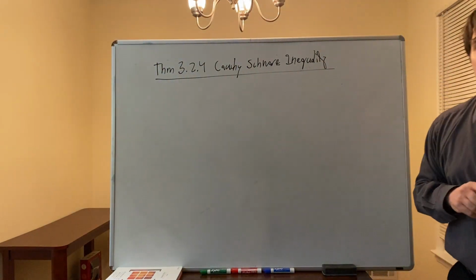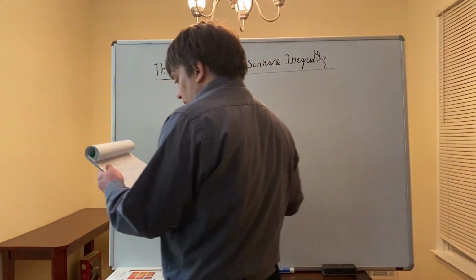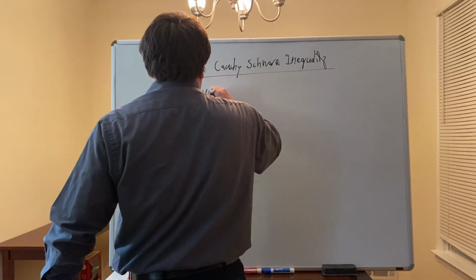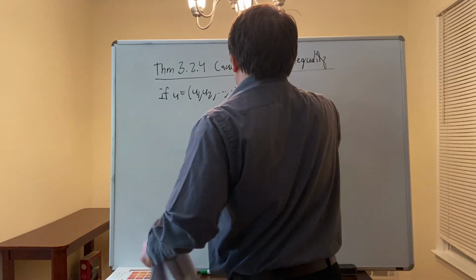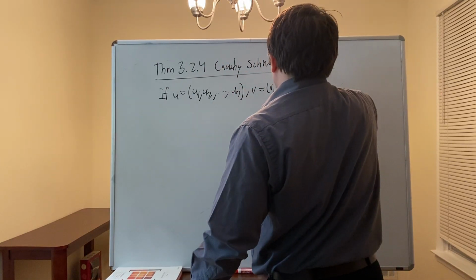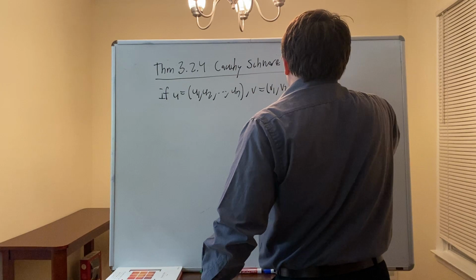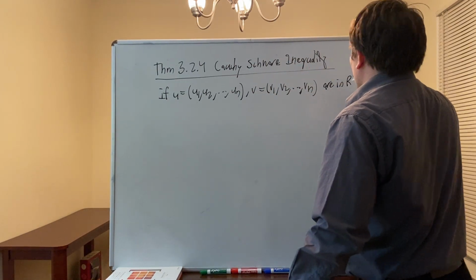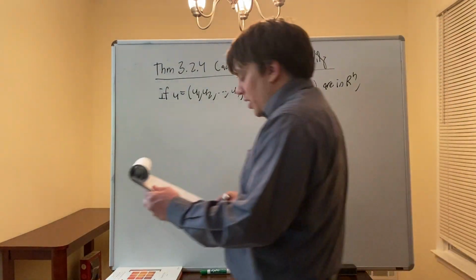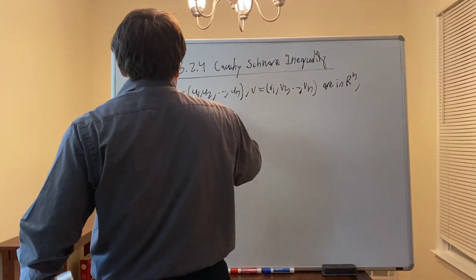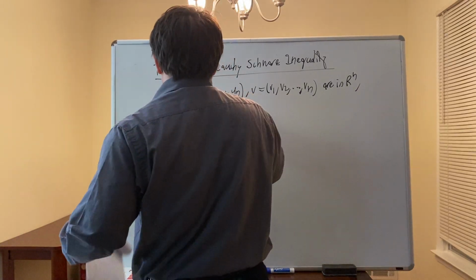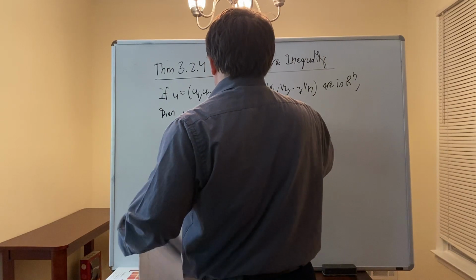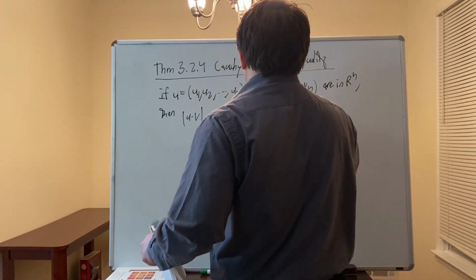If u is equal to (u1, u2, ..., un) and v is equal to (v1, v2, ..., vn) are in n-space, then the absolute value of u dot v is less than or equal to the norm of u times the norm of v. That's inequality, that's fact number 22.